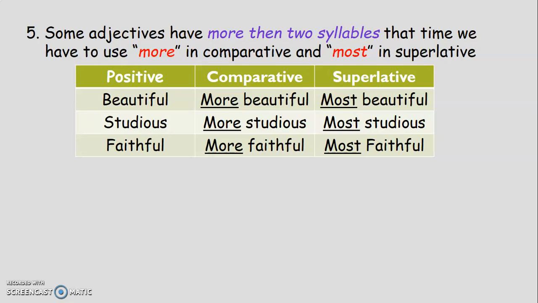That time we have to use the word more in comparative and most in superlative. For example, beautiful, more beautiful, most beautiful, studious, more studious, most studious, faithful, more faithful, most faithful.